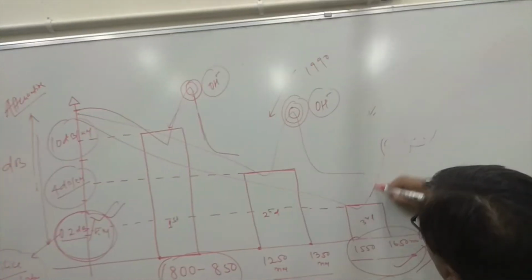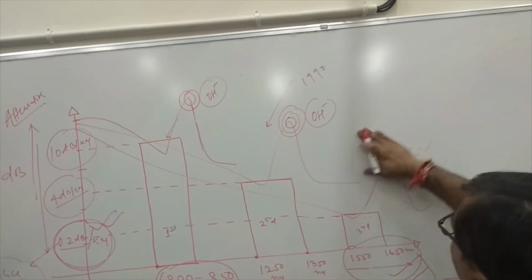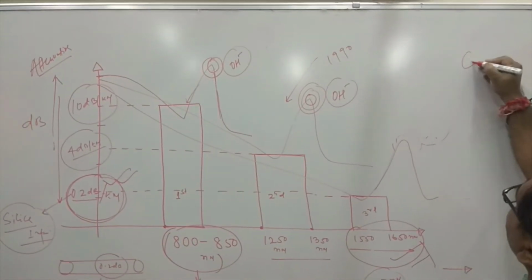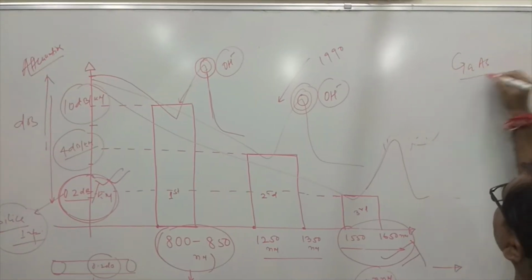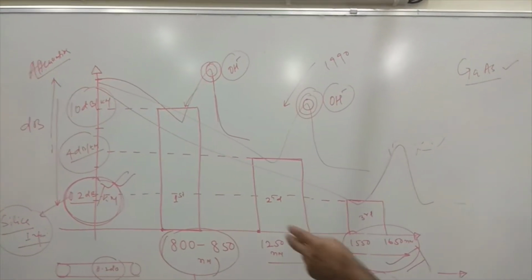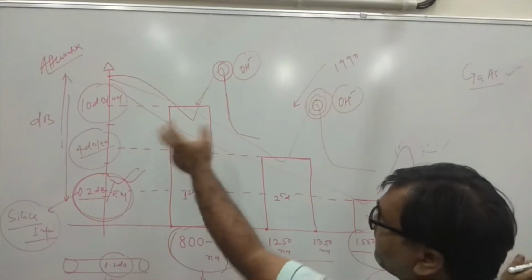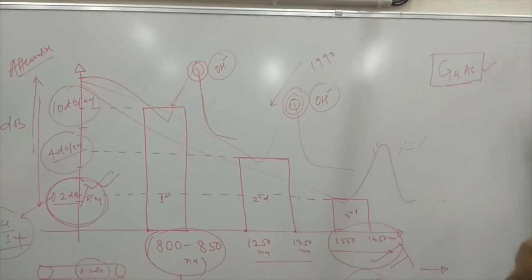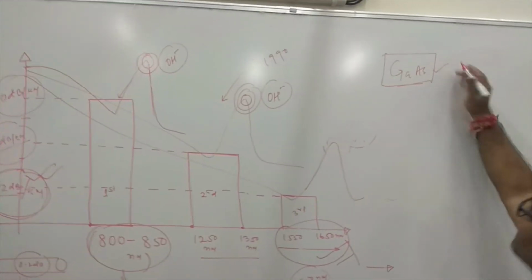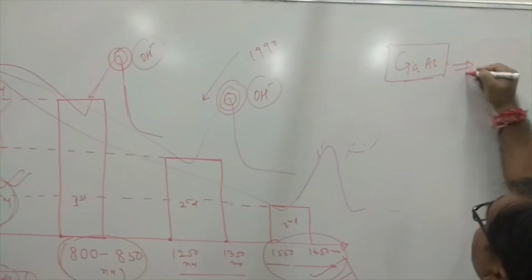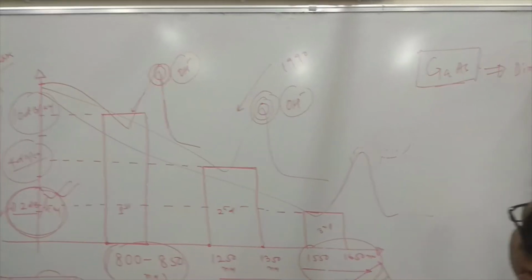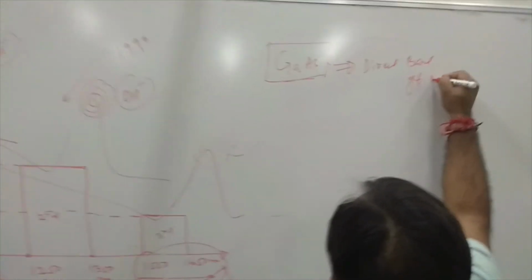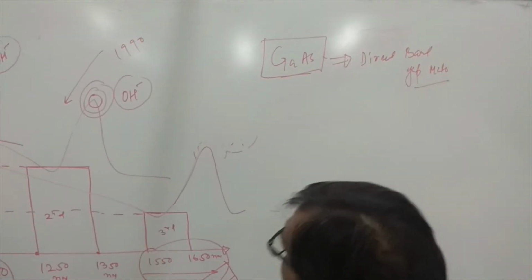materials, right? Compositions. Material composition means we will use gallium arsenide as the first material to optimize this attenuation, right? So why gallium arsenide? Because gallium arsenide is a direct band gap material, right?